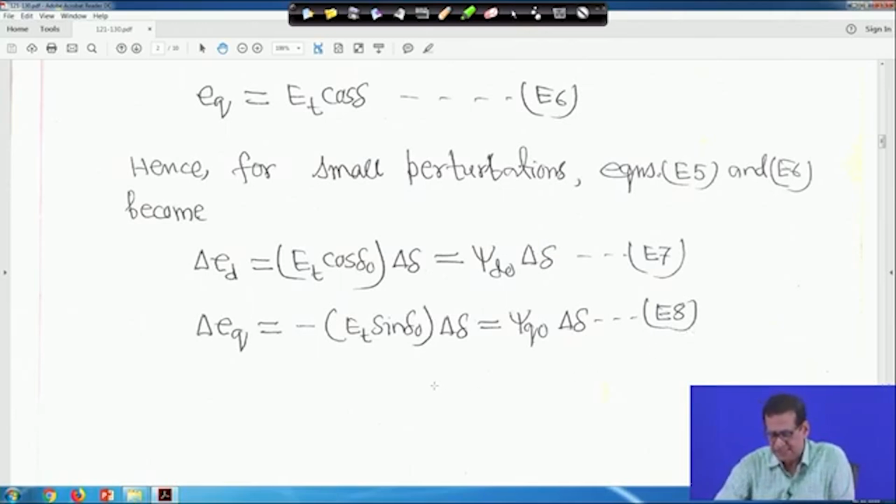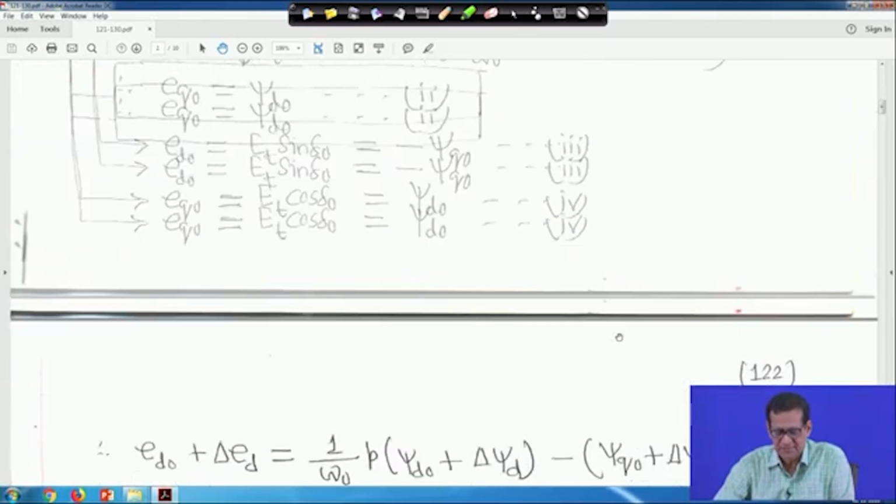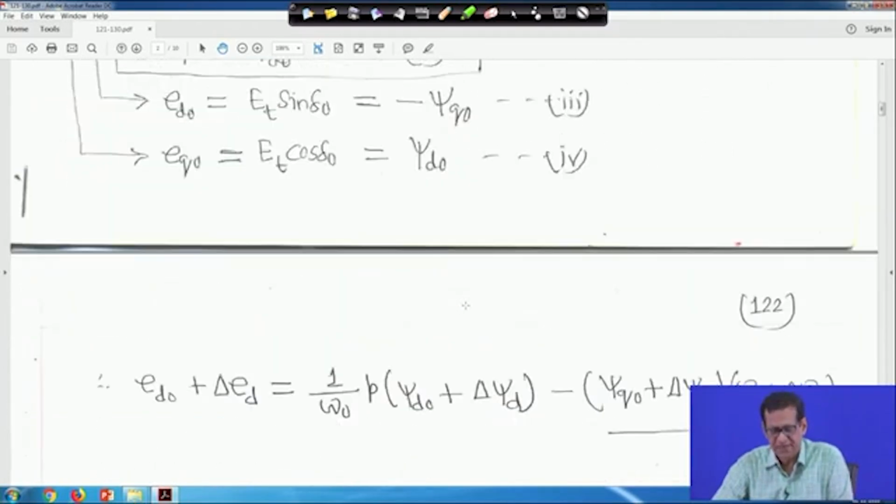Because we have seen that psi q0 is equal to minus Et sin delta0, so that is psi q0 delta. This is equation E8. Just see that Eq0 is Et cos delta0 and Ed0 is equal to Et sin delta0 minus psi q0, right.